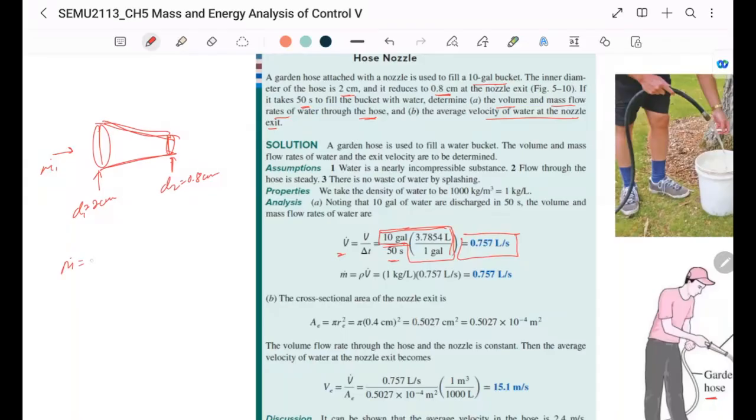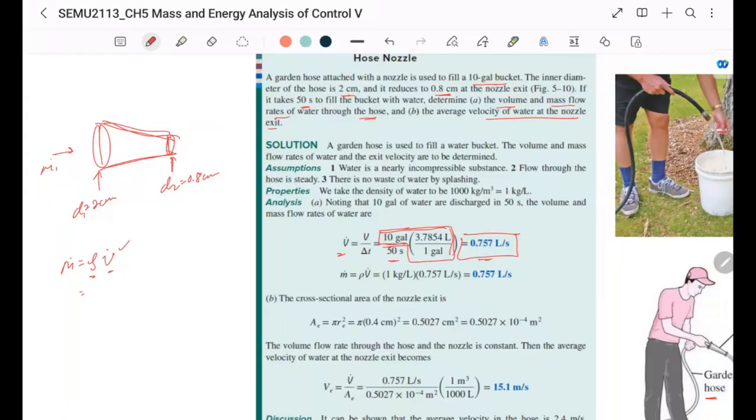And mass flow rate is basically density multiplied with the volume flow rate, or the other way around, we usually write it like this. We know this volume flow rate already. If we know the density, then we can know the mass flow rate.